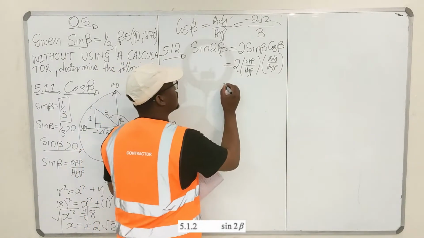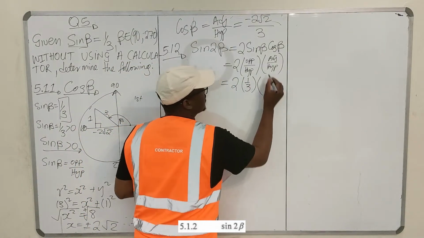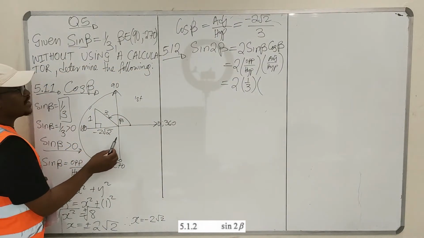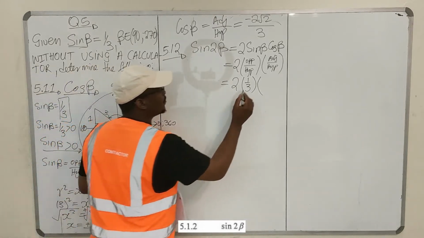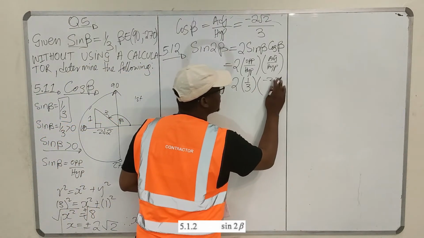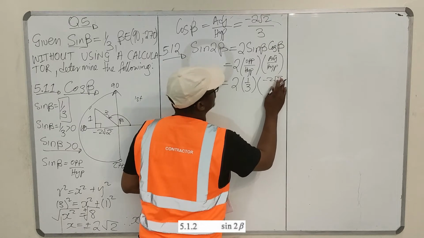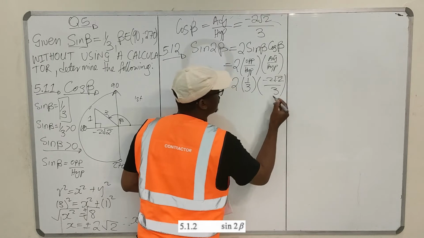So you have 2 times 1 over 3 times the adjacent side. What is the adjacent side? The adjacent side of beta is negative 2 root 2, divided by 3.